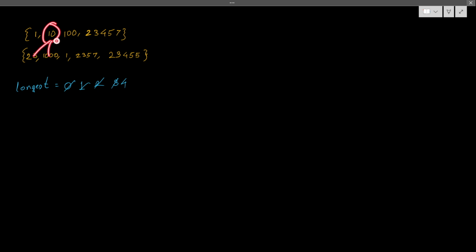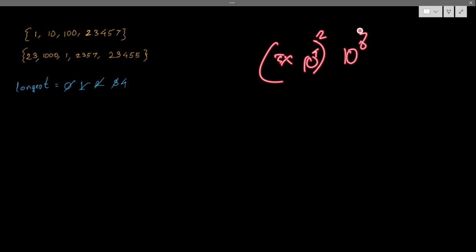This should not be our approach, because 5 into 10 to the power 4 is the limit of the array. If I do it, it will be squared and it will be 10 to the power 8, somewhat more than 10 to the power 8, but still about that. So it will give us a time limit exceeded error.